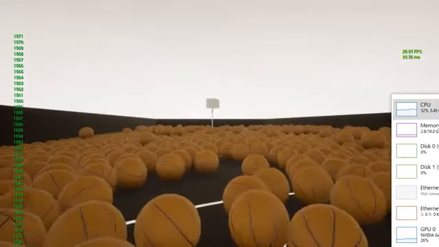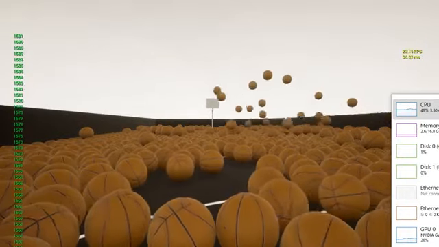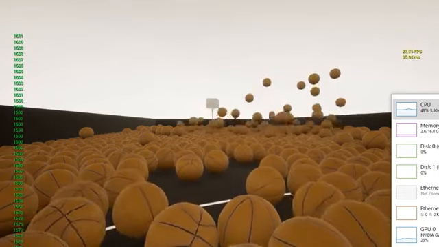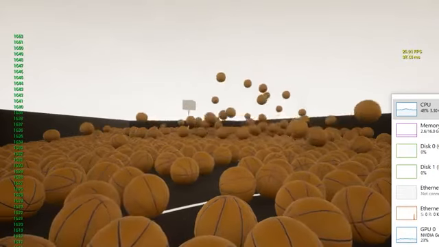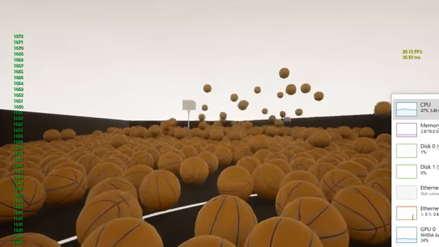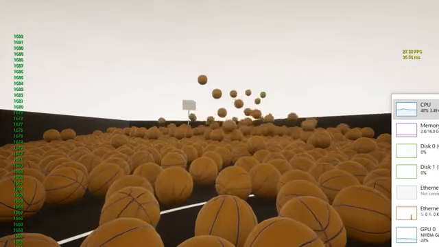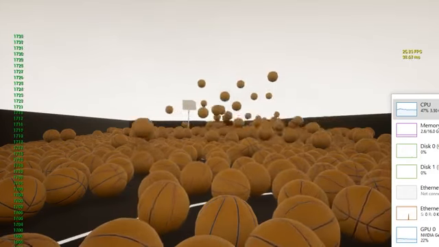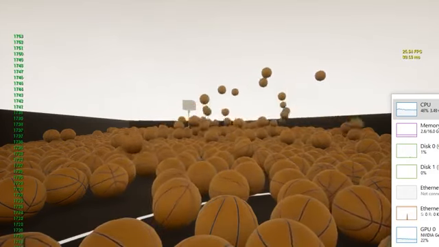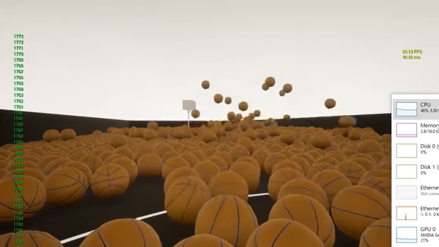All right, well, let's keep it going. We got to, at least make it to 2,000. Yeah, the engine's calculating all the forces, all the shadows.